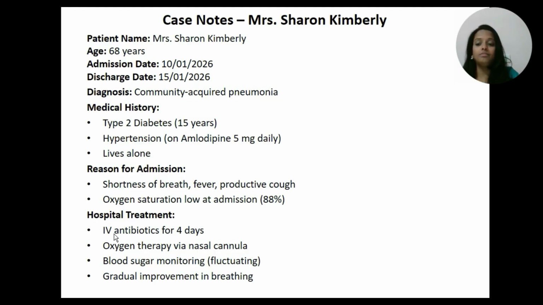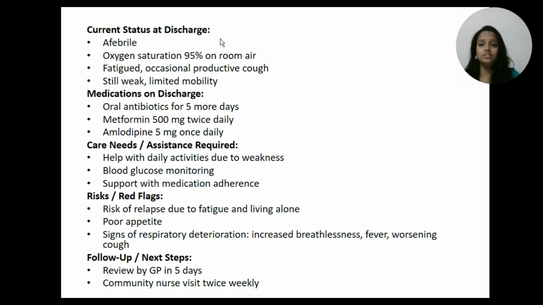Hospital treatment: IV antibiotics for 4 days, oxygen therapy via nasal cannula, blood sugar monitoring, gradual improvement in breathing. Current status at discharge: afebrile, oxygen saturation 95% on room air, fatigued, occasional productive cough, still weak, limited mobility.